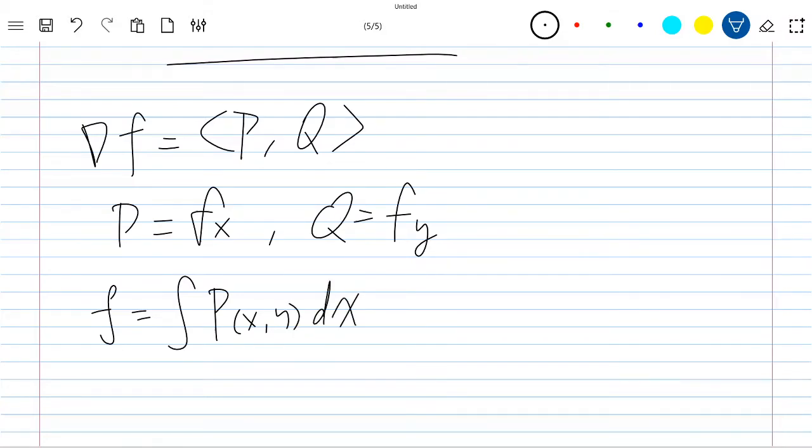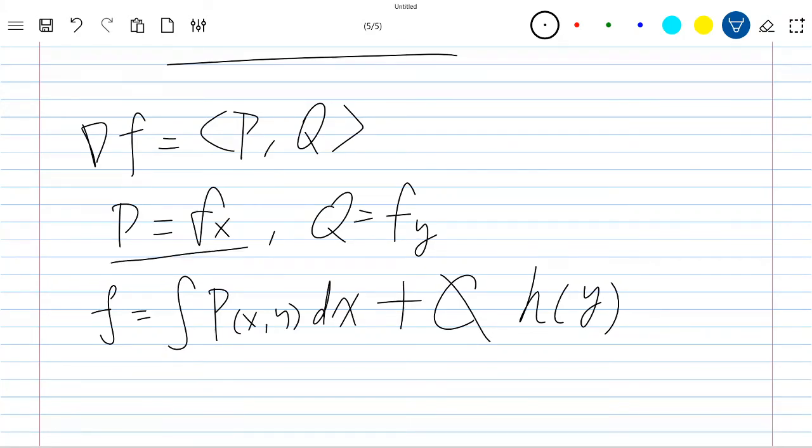The integration will give you a function, but since y is fixed for the moment, the result is not just plus c. Usually an indefinite integral gives you plus c, right? Now it gives you an arbitrary function of y, h of y, because when you take the x derivative, it will be gone.